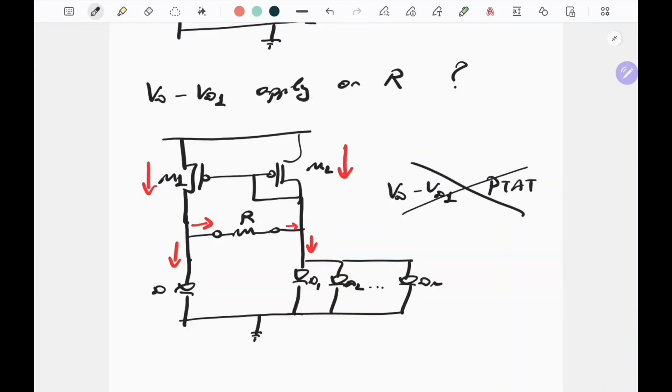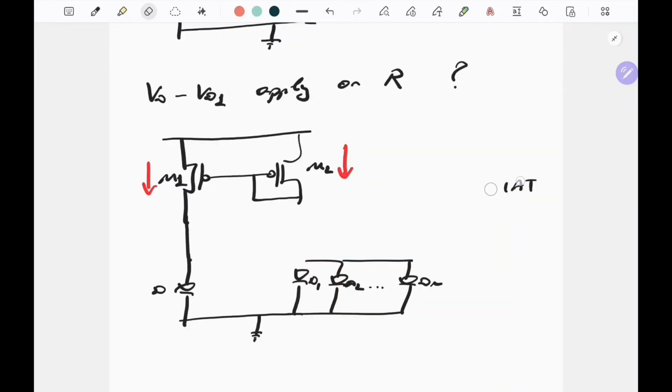The second approach, which is slightly better, is to put the resistor here.